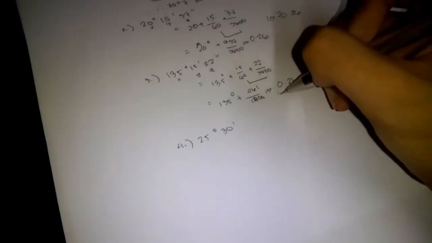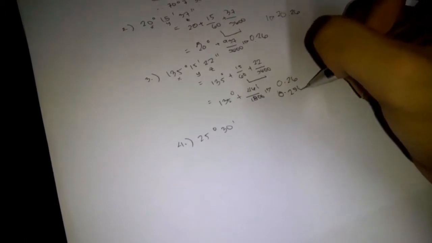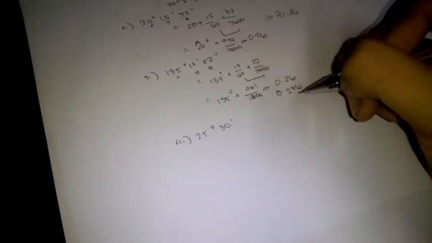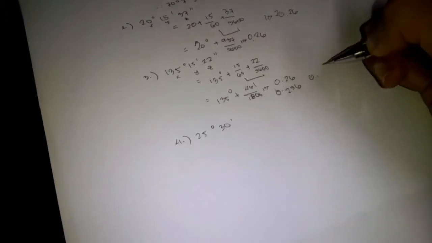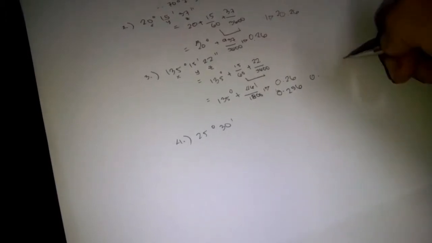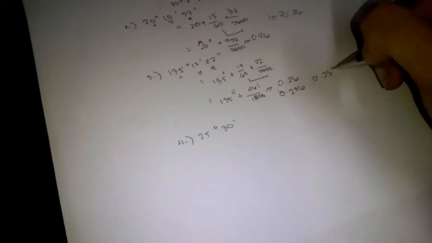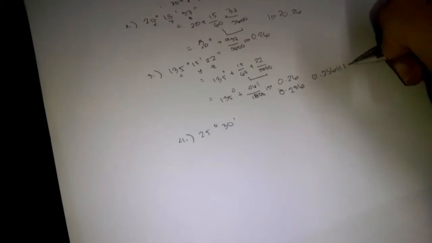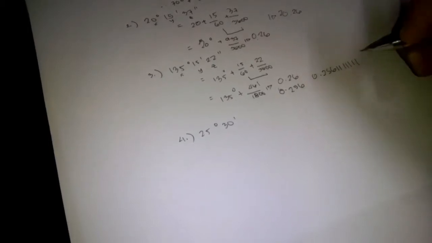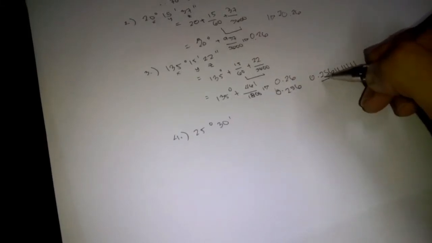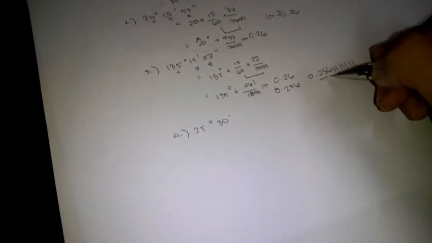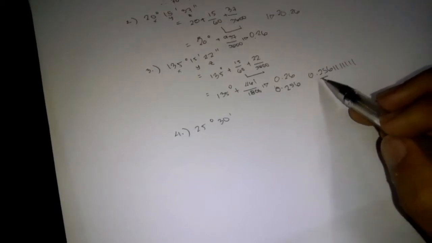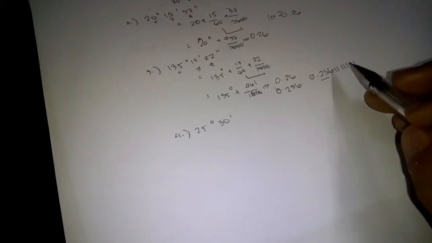We just rounded it off. We can use 0.25 or 0.26, or we can also use 0.256, depending on what is needed, whether tenths or hundredths.